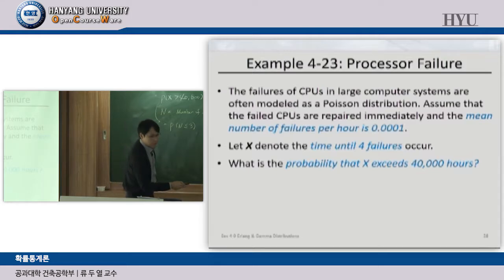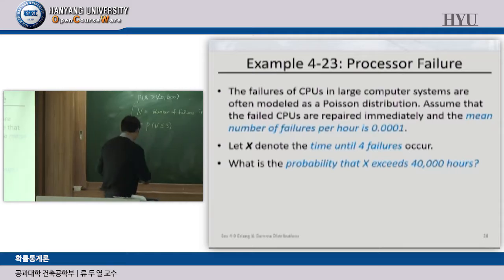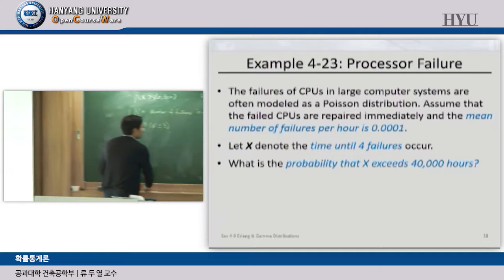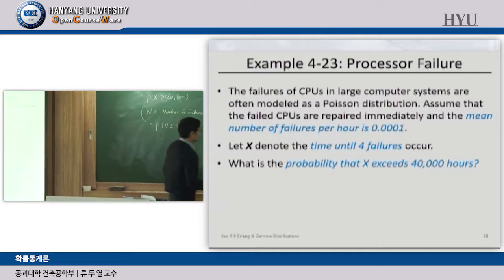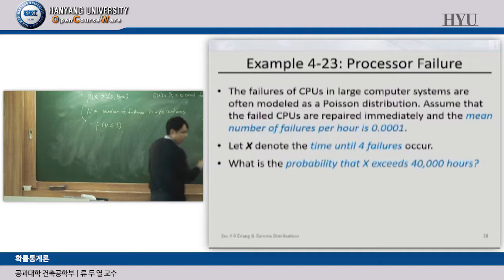And this is following the Poisson distribution, right? In the case of the Poisson distribution, the probability density function is equal to e to the minus lambda x, times lambda x to the k power, over k factorial. To use this, we have to know the lambda x first.